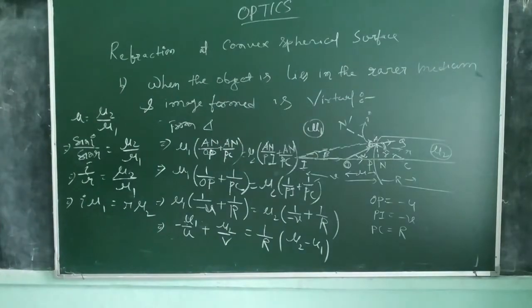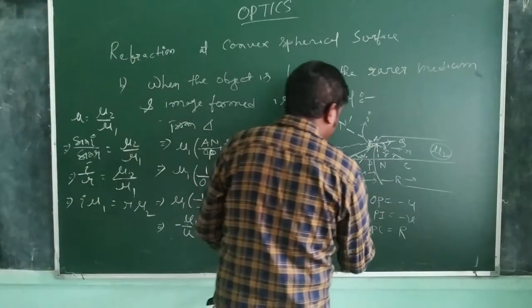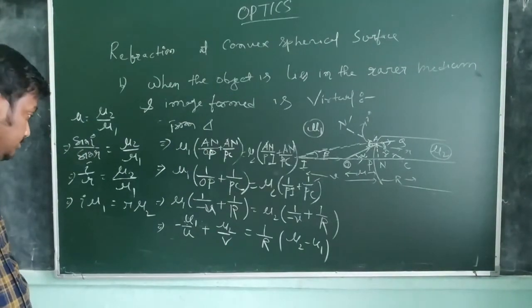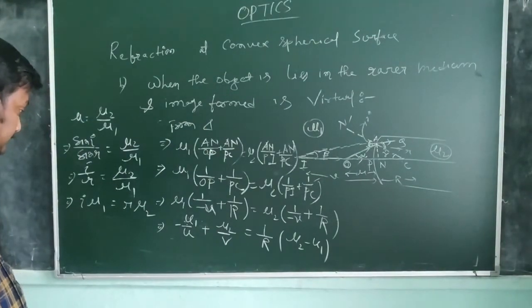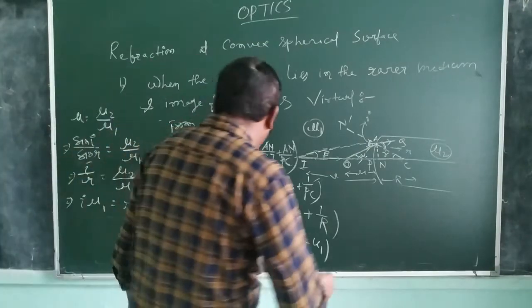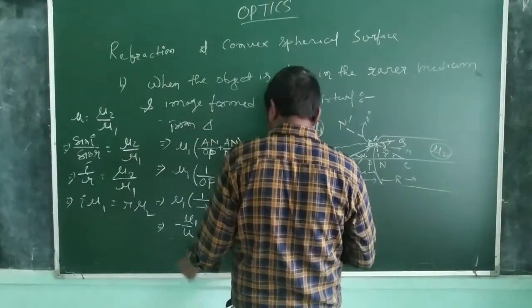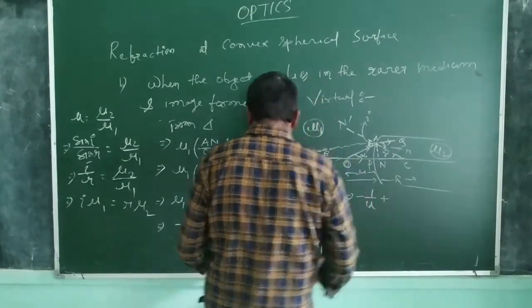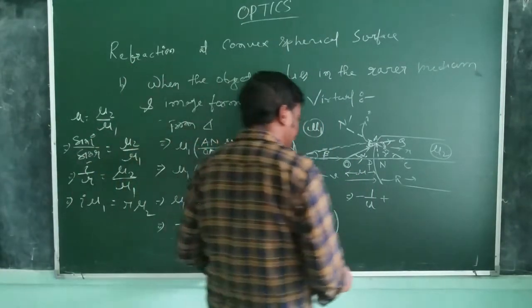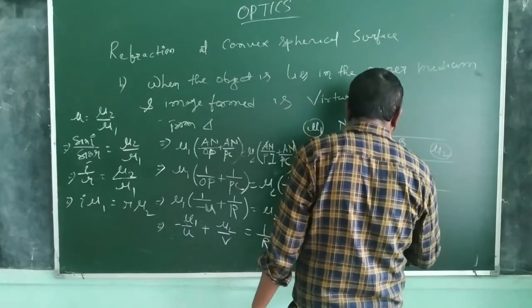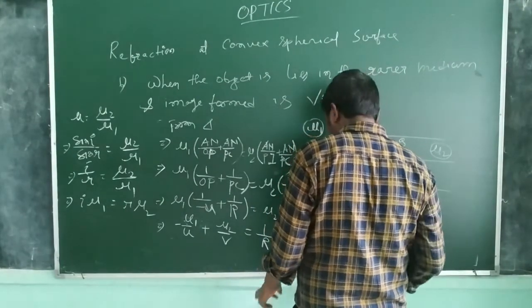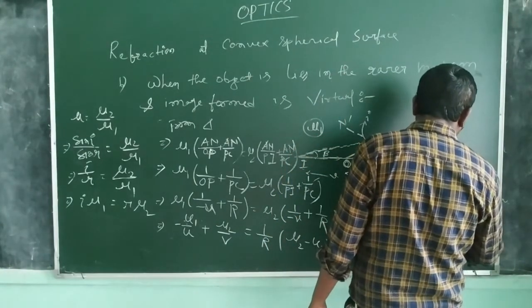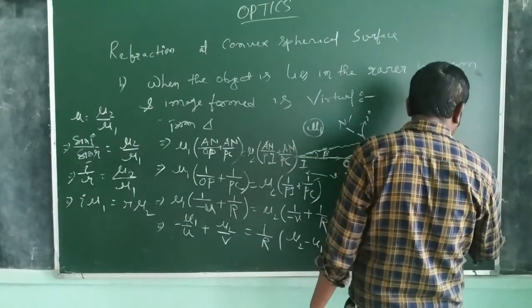Dividing by mu1 on both sides, mu2 by mu1 is mu, so we get minus 1 by u plus mu by v equals 1 by R into mu minus 1.